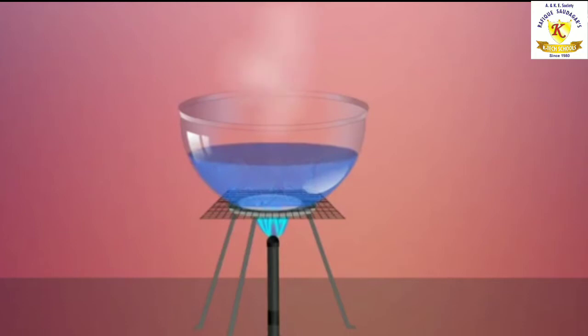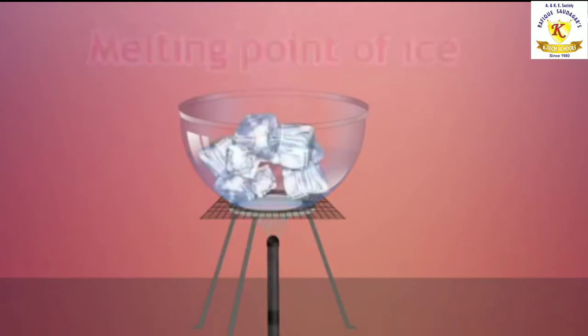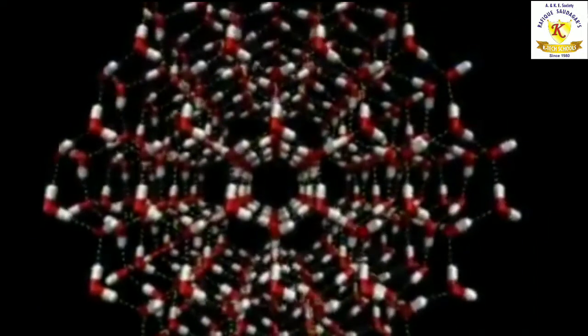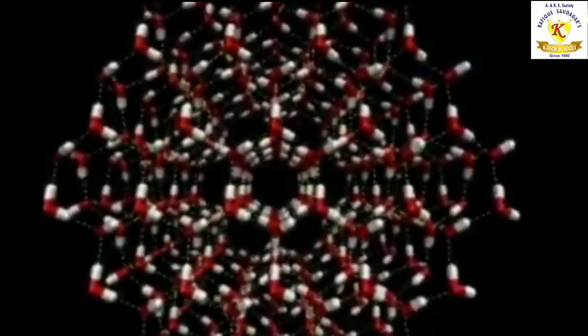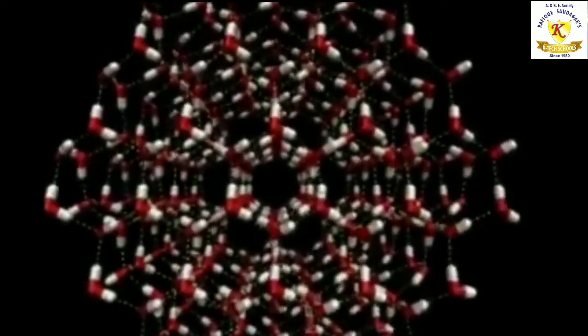The temperature remains constant during this transition, and this constant temperature at which the ice converts into water is called the melting point of ice.